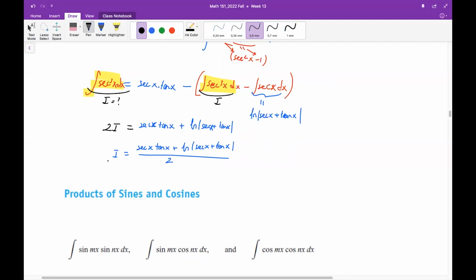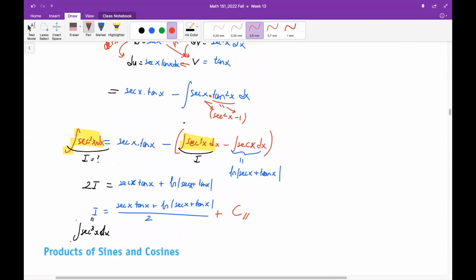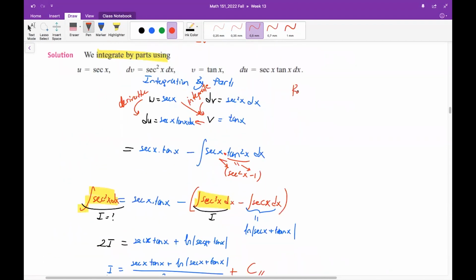And remember what I was. I is the original question that we're trying to solve for. Okay, secant cube x dx, this was the original problem. Okay, this is how you obtain your result, and don't forget to put an arbitrary constant at the end because it is an indefinite integral. Okay, and maybe I should put here a recall about the integration rule of secant x because we used it.